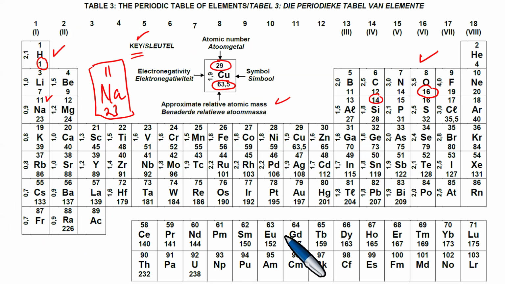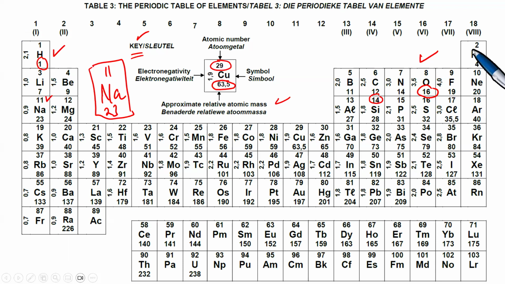If you look very carefully here and you want to identify rubidium, rubidium is here. Sodium and rubidium are in the same group. This is called group 1 of the periodic table.